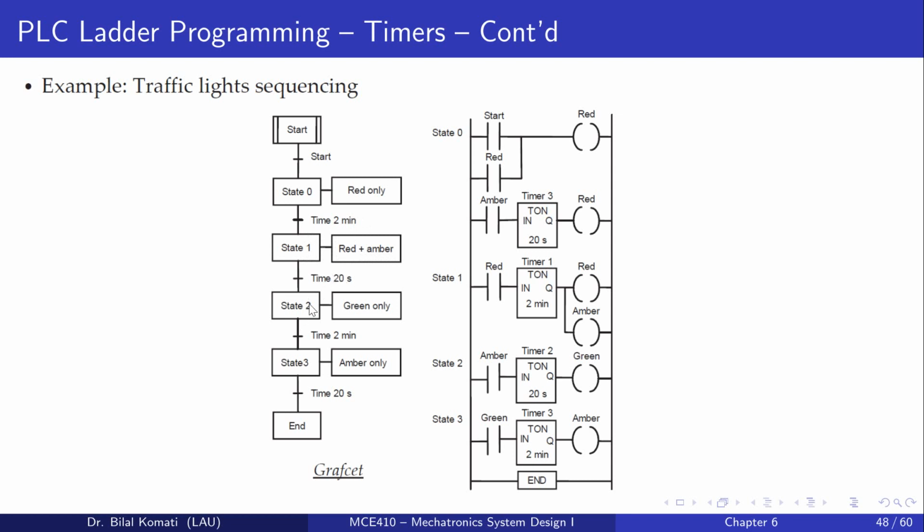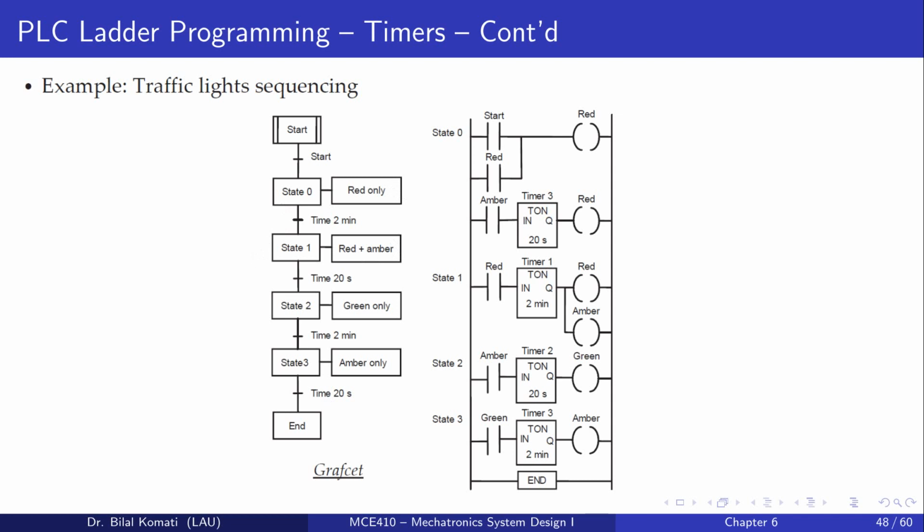Then state 2, where only green is turned on for 2 minutes, and then amber only for 20 seconds. First red, then red and amber to say pay attention, you will start, then green, and then amber to give precaution to stop the motion.